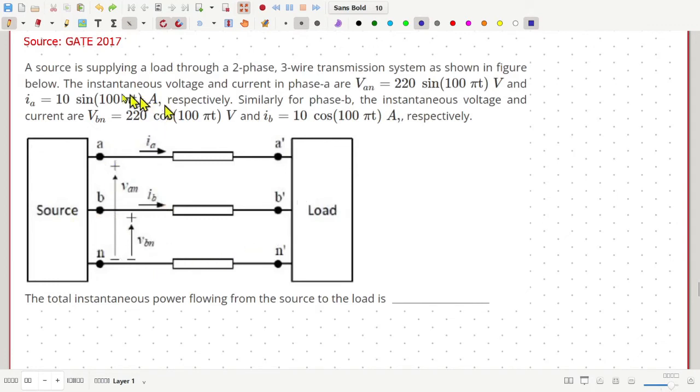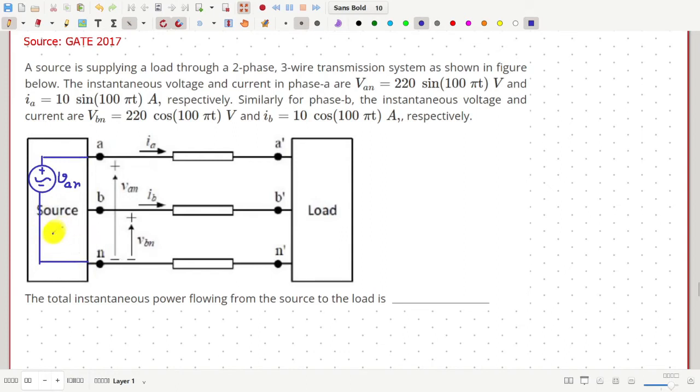Please read the question. Here we have a two-phase supply and a two-phase load. So we have two phases of the supply like this. Here is one phase, plus minus, call it VAN, which is between the line A and the neutral line, which is here.